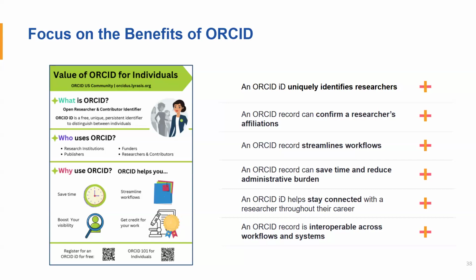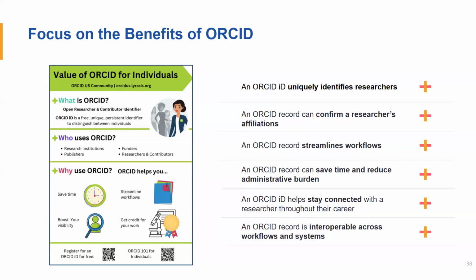What are the benefits of connecting their ORCID ID with your organization, or perhaps connecting their ORCID ID with systems such as Science CV or Symplectic Elements or Faculty Success or Digital Measures? Benefits such as uniquely identifying researchers. Think of ORCID IDs like a social security number for researchers. It is unique to that individual.